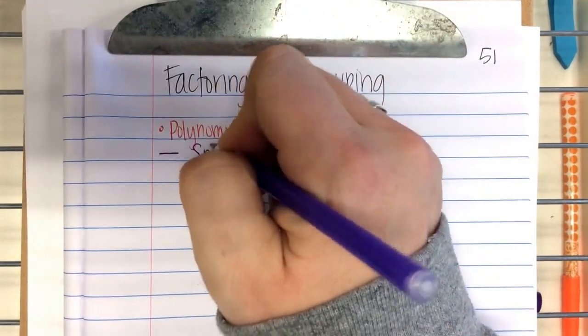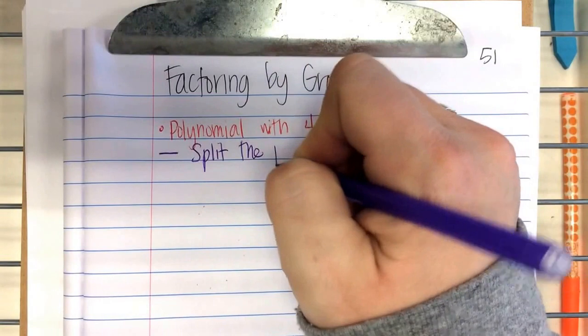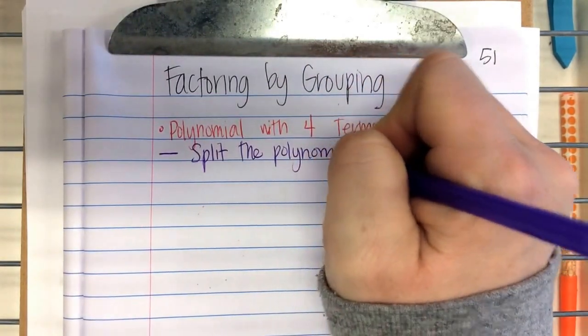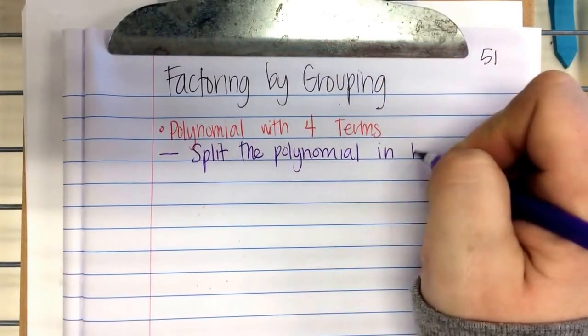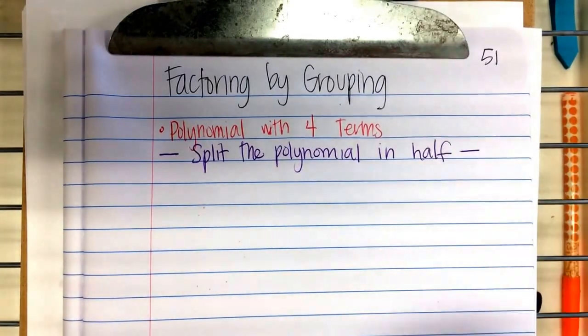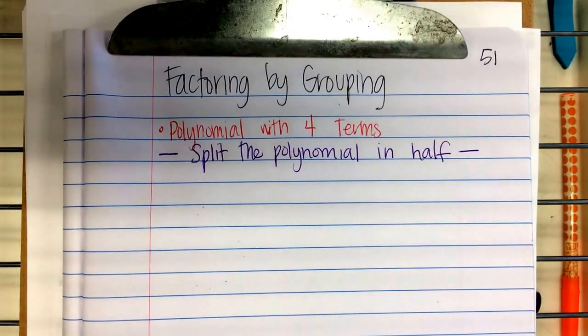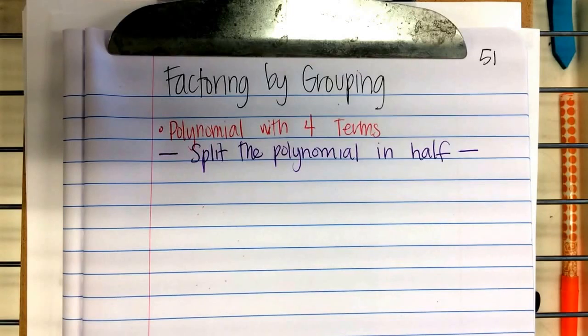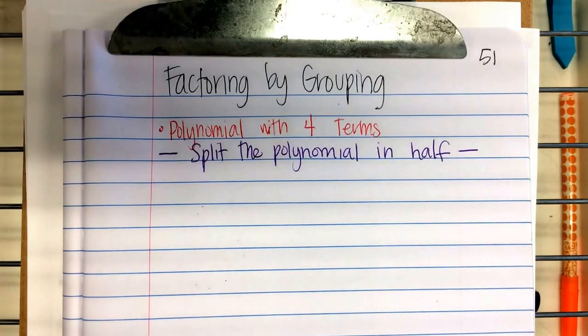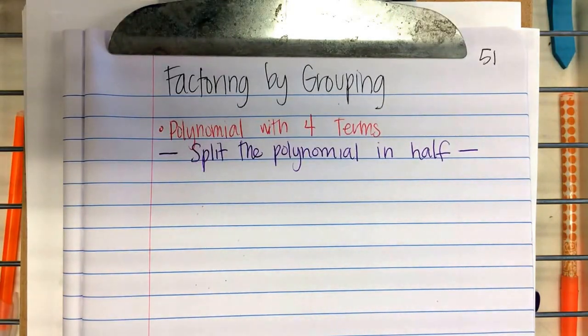You split the polynomial in half. If it has 4 terms and you split it in half, how many terms are in the first half? 2. And how many terms are in the second half? 2. You split it in half.